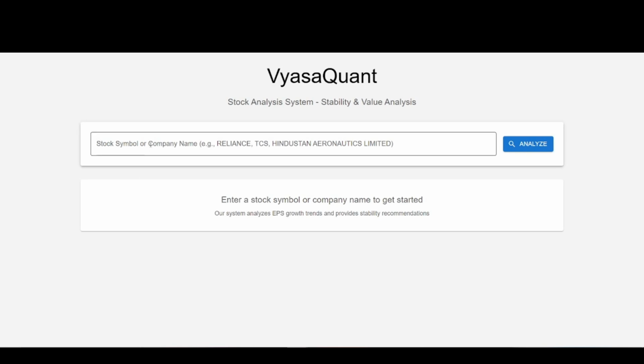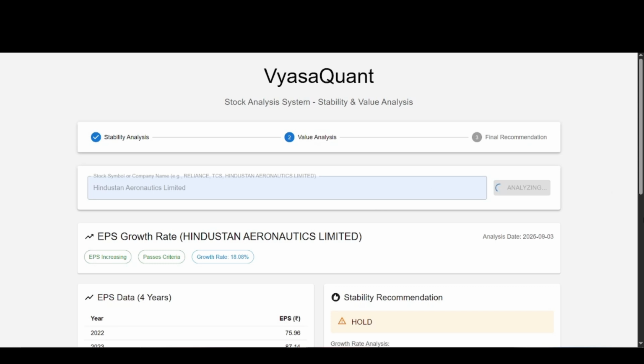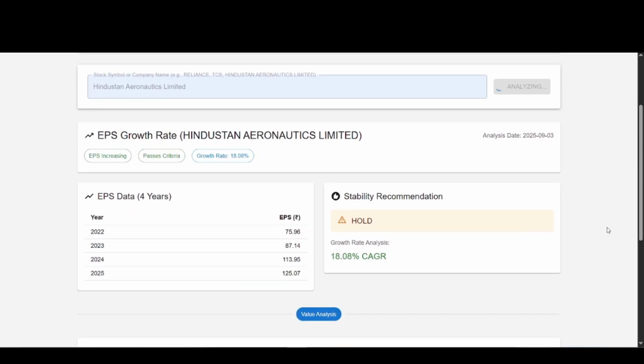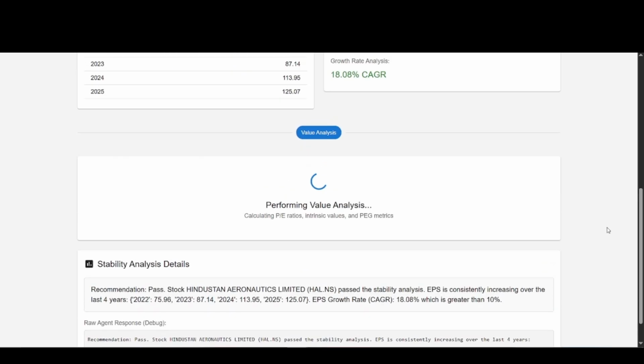Now we'll see the actual working of VyasaQuant. We'll enter the stock's name and then click on the analyze button. We can see that the first round is completed, which is the stability check, and now the value analysis is being performed.